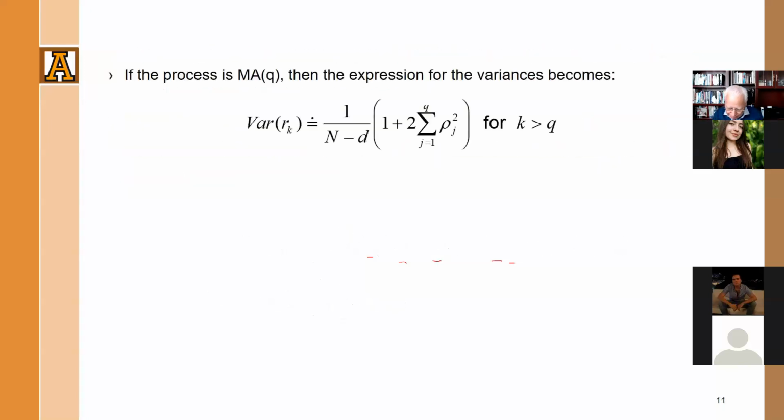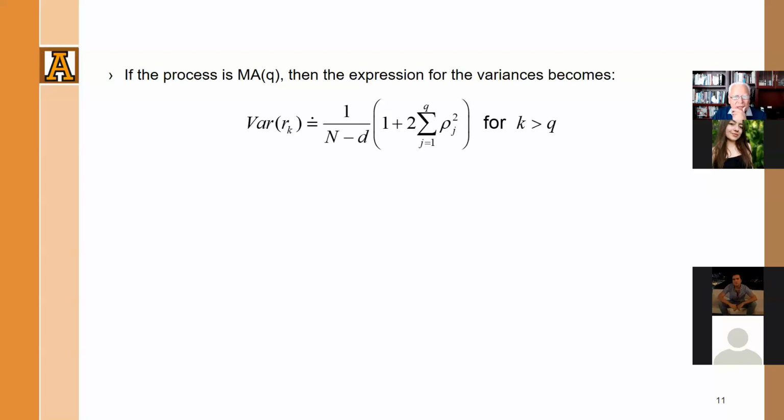If the process is an MA, then the approximation for the variance is 1 over n times 1 plus 2 times the sum of rho_j squared. Those are the formulas used in the different statistical packages to compute those confidence bands.